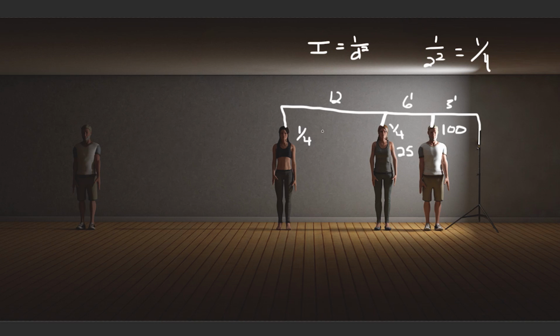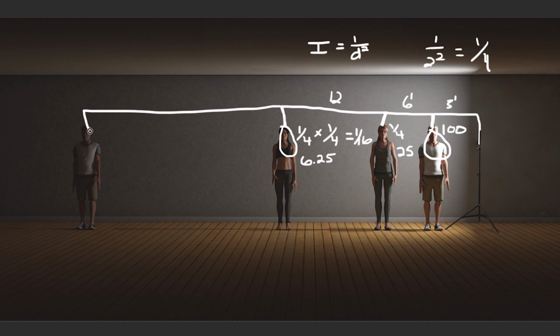How we can figure that out is we do 1/4 times 1/4, and that will equal 1/16. So we are at 1/16th power on this subject than we are at 100% on our first subject. And that equates to 6.25% of subject 1.